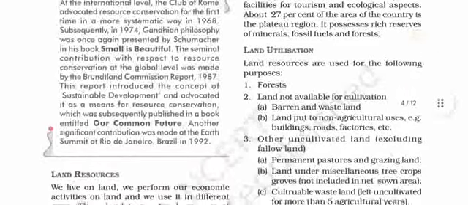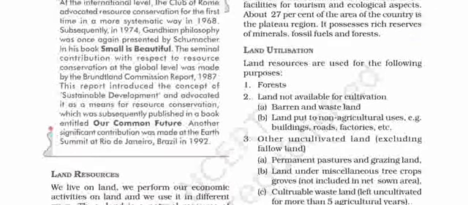Land utilization. Land resources are used for the following purposes. First, forests.